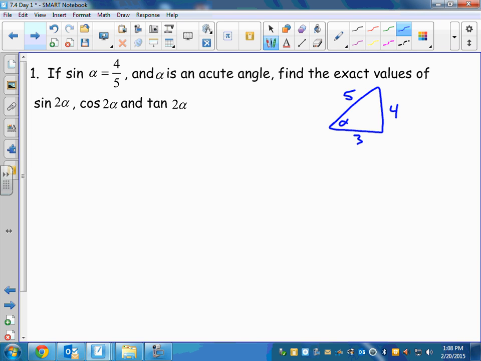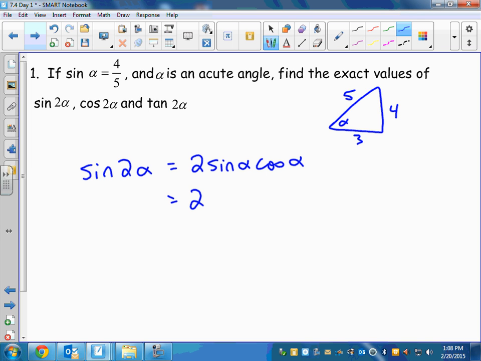So to find sine of 2 alpha, that's just equal to 2 sine of alpha cosine of alpha. If you know the formula, now you just plug in the values and you can get that numerical answer. But you gotta memorize that. The sine one is the one I know best. And so I'm just gonna plug that in.